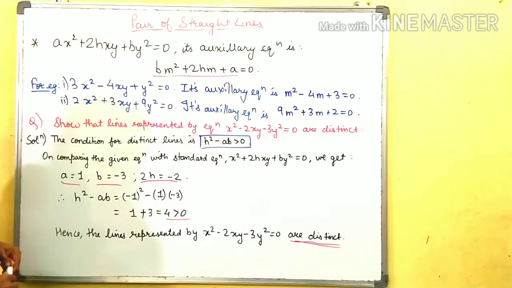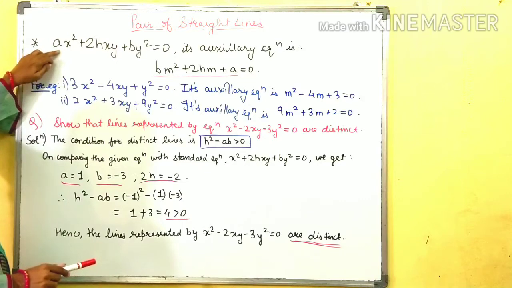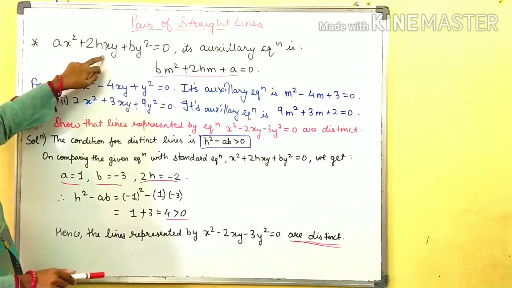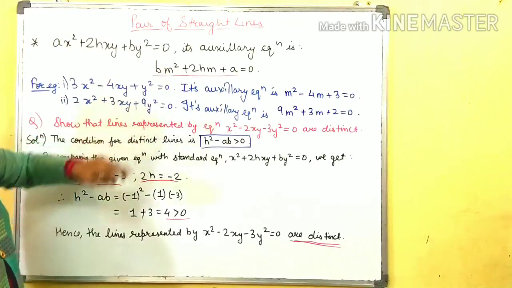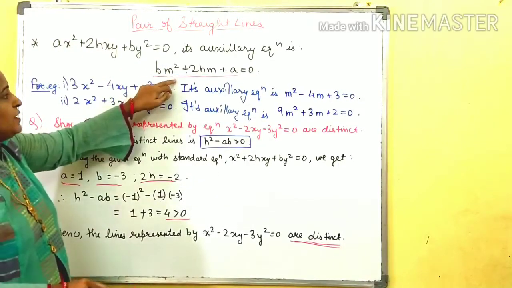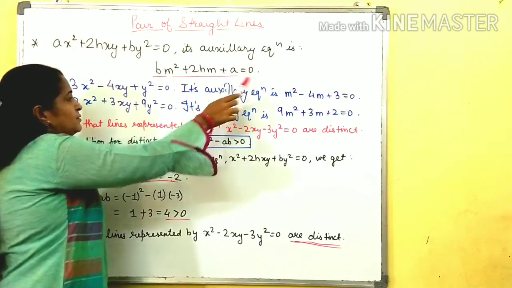As we get the auxiliary equation of a pair of lines from the standard equation, which is ax square plus twice hxy plus by square is equal to 0, it is bm square plus 2hm plus a is equal to 0.